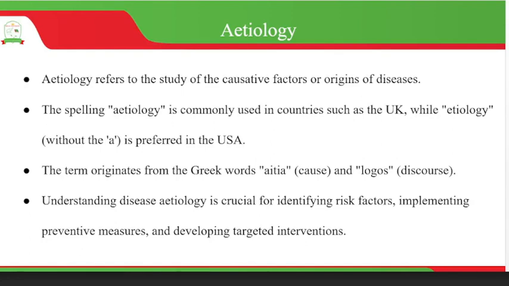The term originates from a Greek word aitia, which means cause, and logos, which means disclosure. And understanding the disease etiology is very critical for identifying risk factors, implementing preventive measures, and developing targeted interventions.